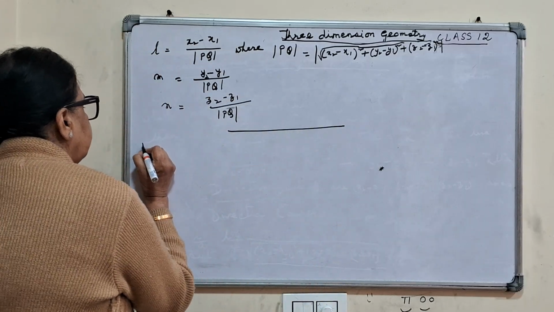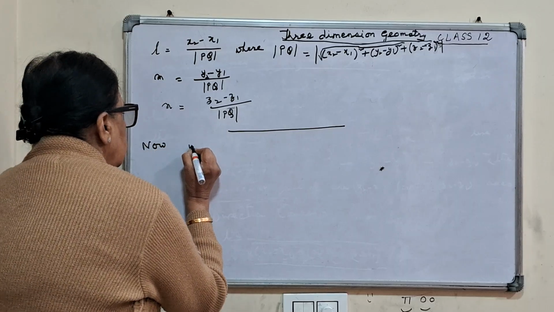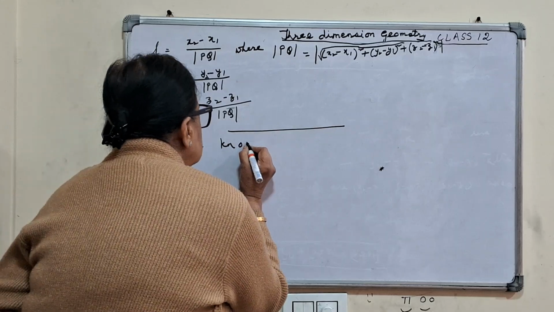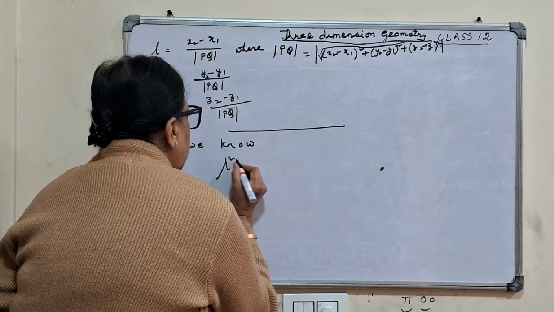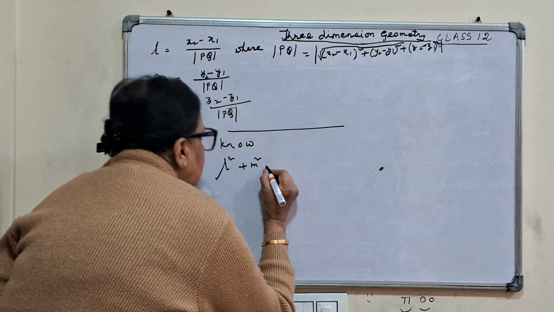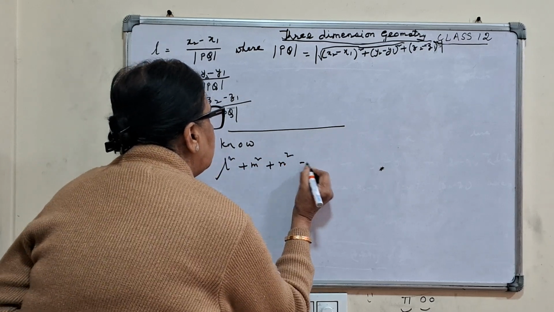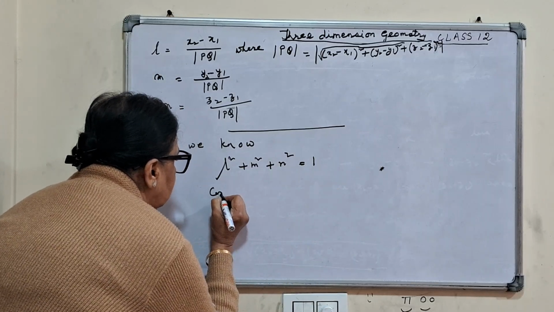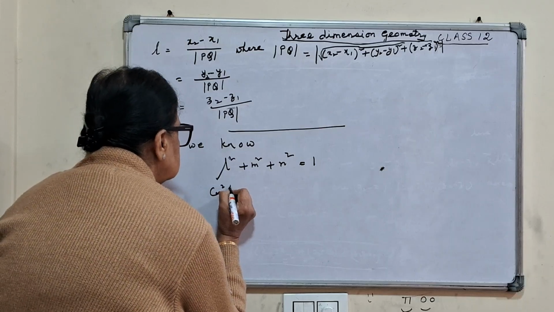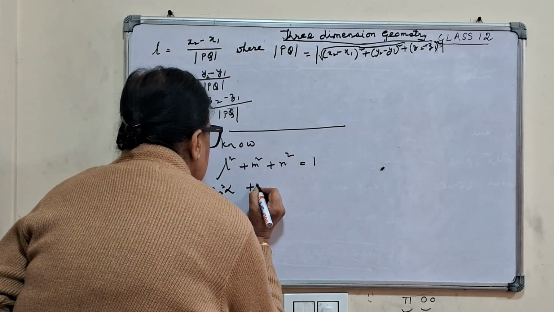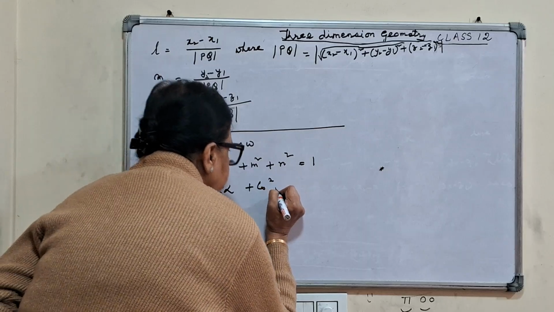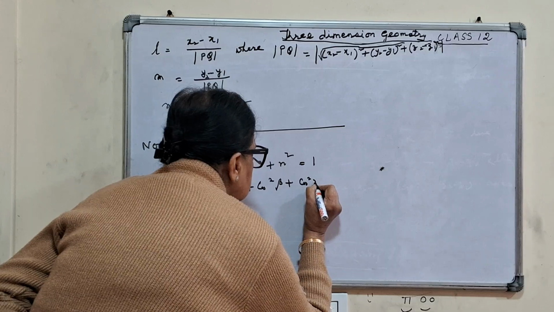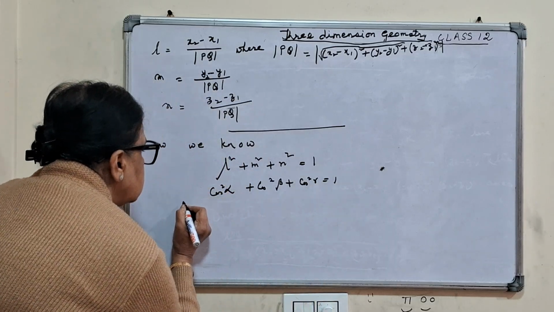Now we know L square plus M square plus N square is equal to 1. We have already studied that this is cos square alpha plus cos square beta plus cos square gamma is equal to 1.